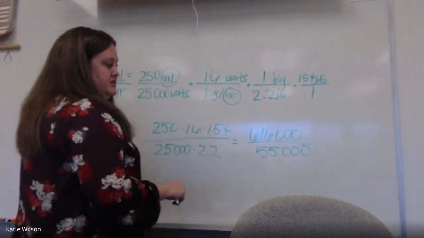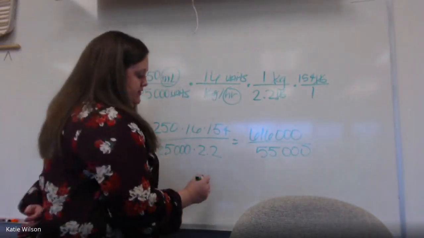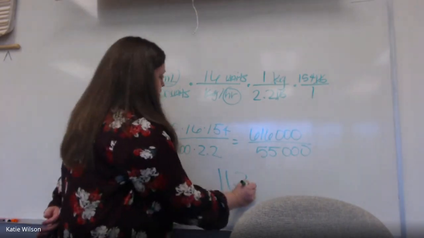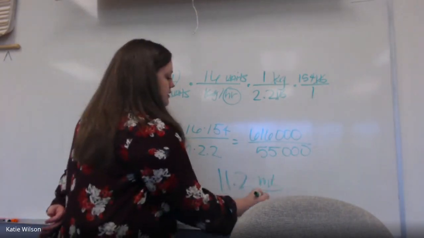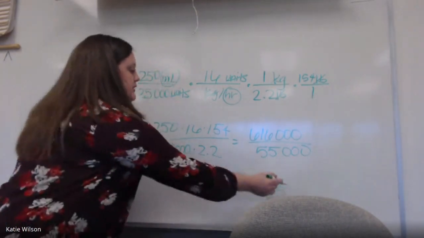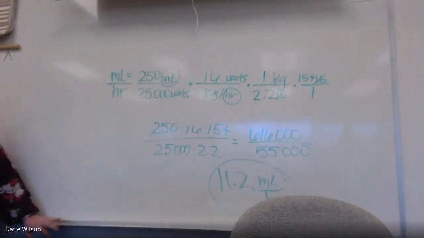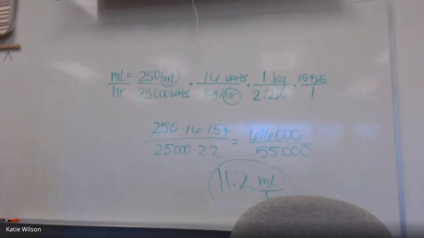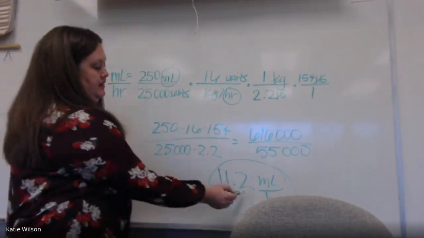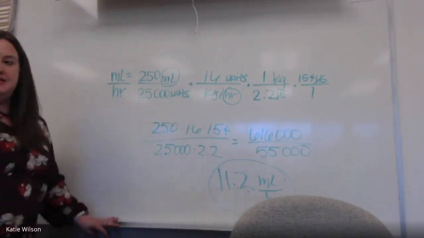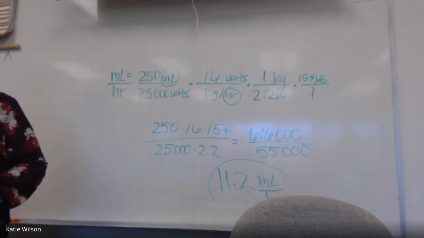So 616,000 divided by 55,000 is 11.2 milliliters per hour. They wanted us rounded to the nearest tenth. My final answer was already in the tenths, so we don't have to do anything else.